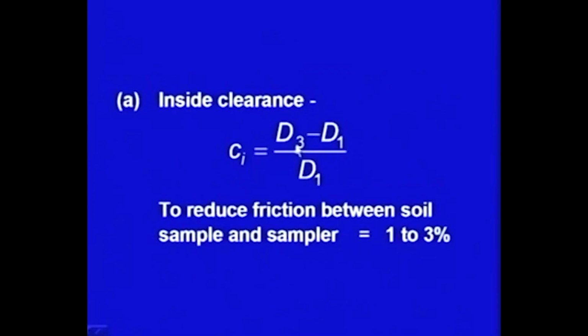This value is used to explain the friction between the soil sample and the sampler, and for practical purposes to have good results, this value should be between 1 to 3%.